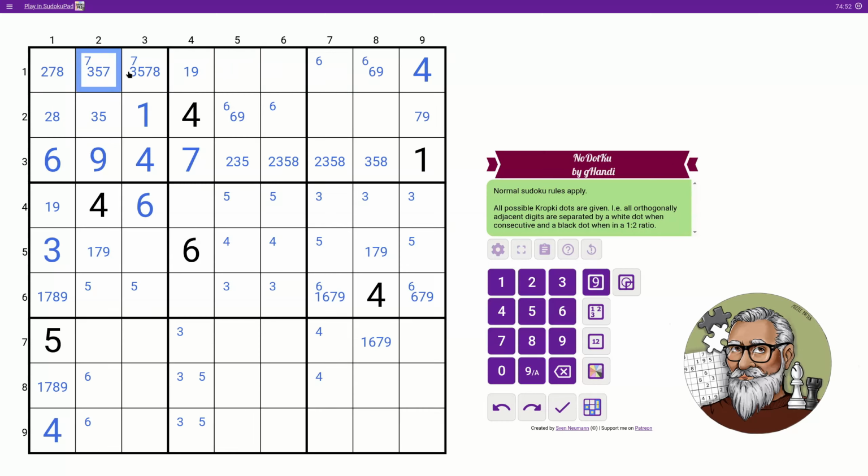This one isn't 8 though. I don't need 3. I don't know how that helps though. I still don't know.